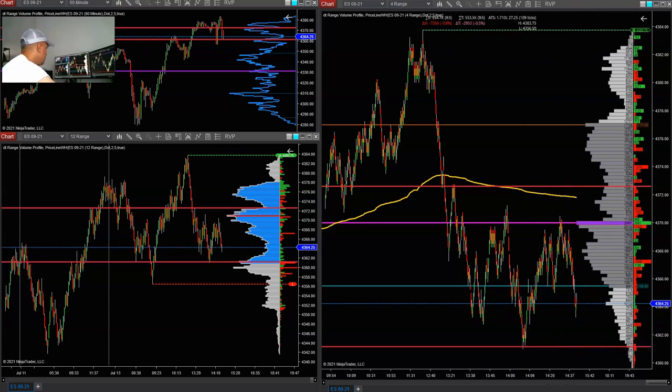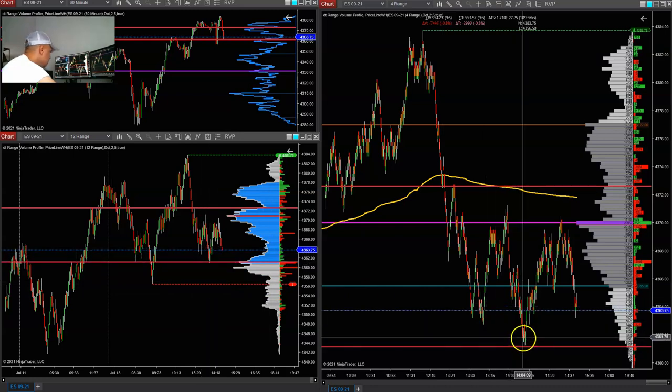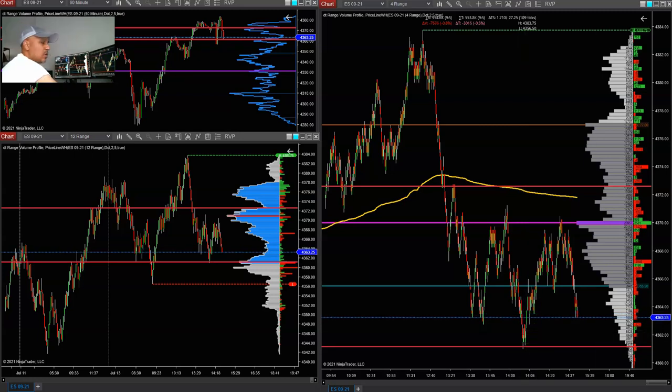But really what I'm looking for price to do is come back down and retest this area right here. So let's see if it does. Around 43.62 and a quarter is where I'll be interested in taking a long at. So we'll see what happens.